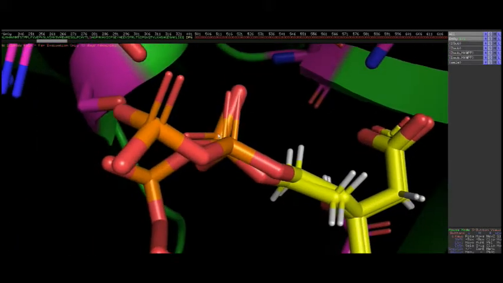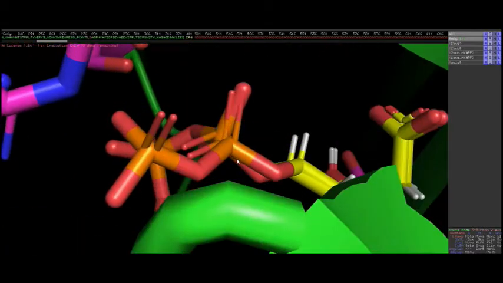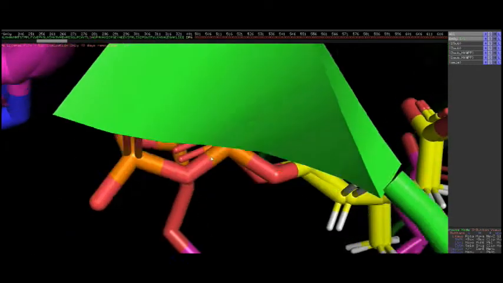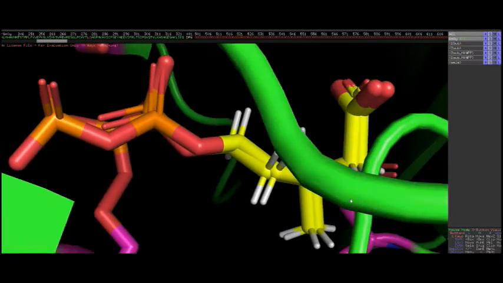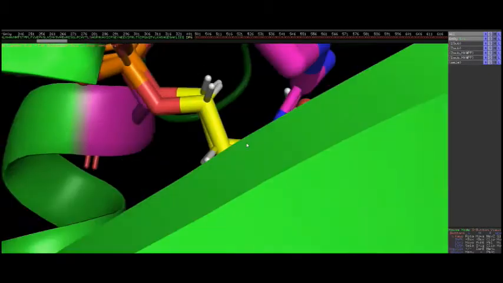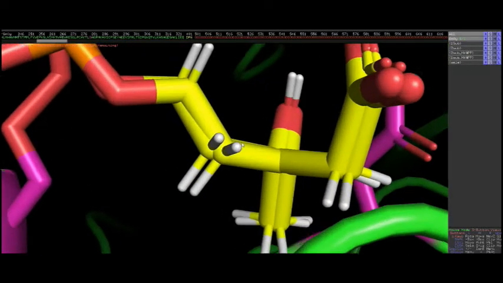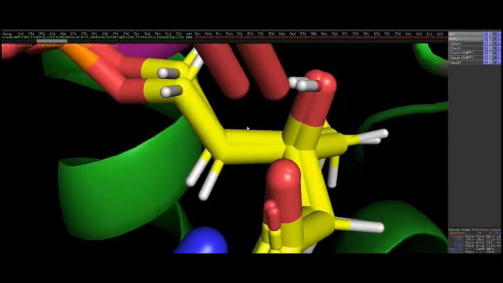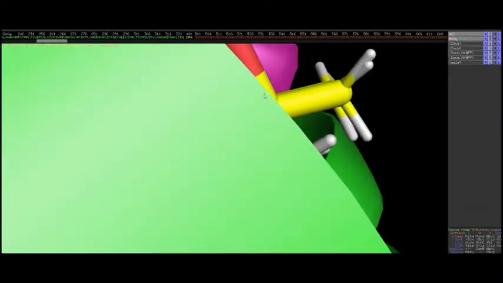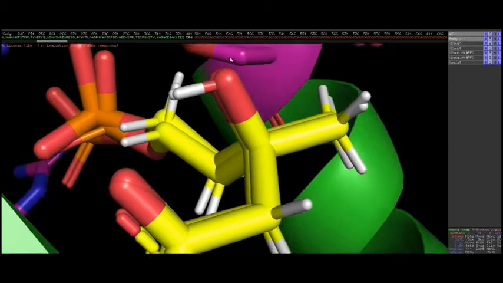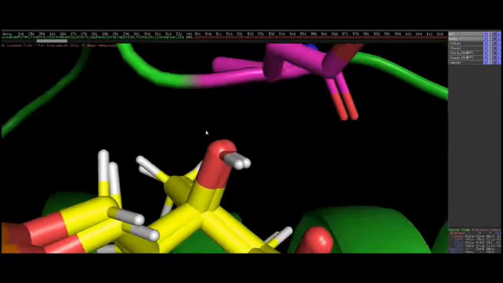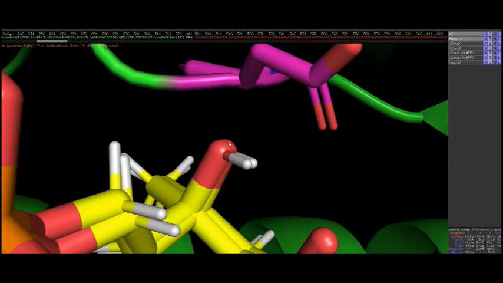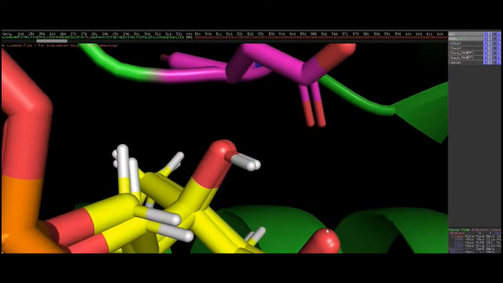But you can see these orange parts here are the phosphate, so you can see this diphosphate or pyrophosphate. Then I have the carbons in yellow over here, and we can see this is the mevalonate here. If we move up here, this red is the oxygen on the hydroxyl group, which is going to bind to that phosphate.